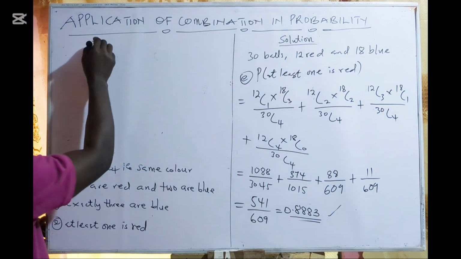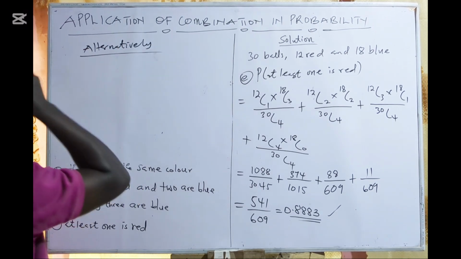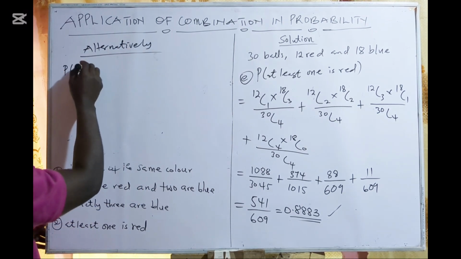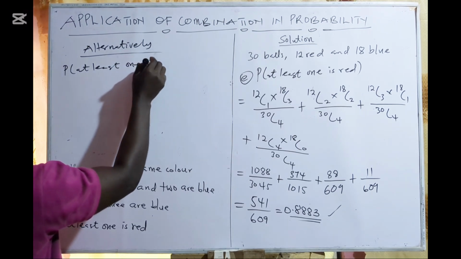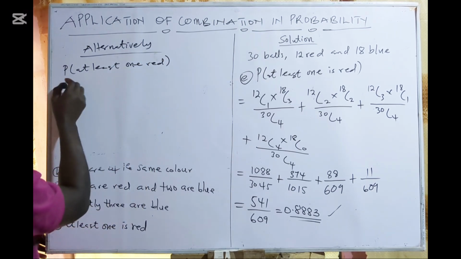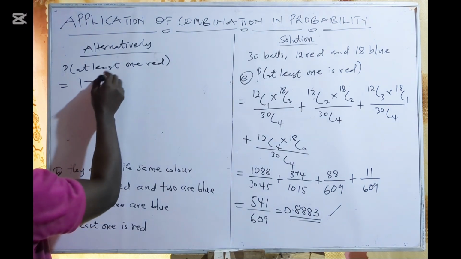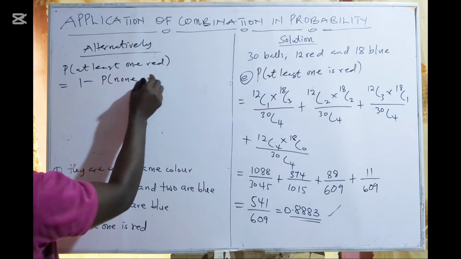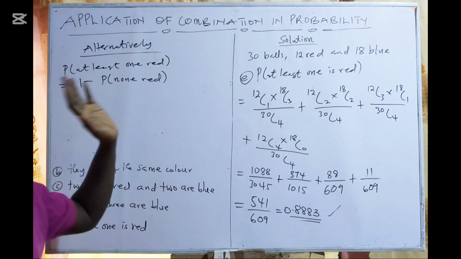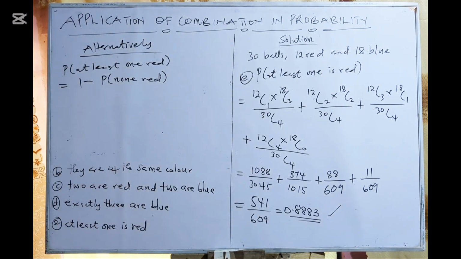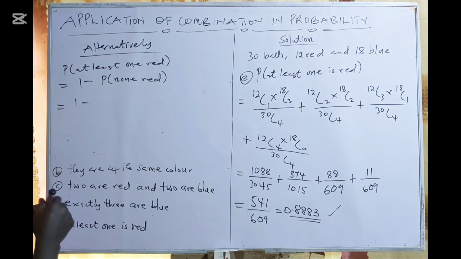So alternatively, probability of at least 1 red is equal to 1 minus probability of none red.